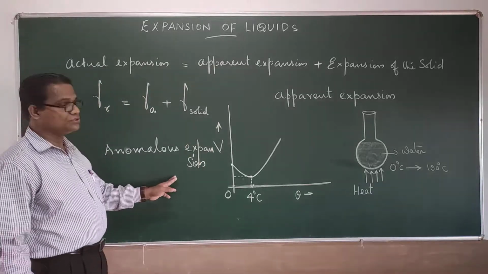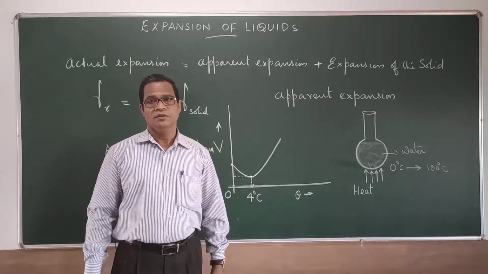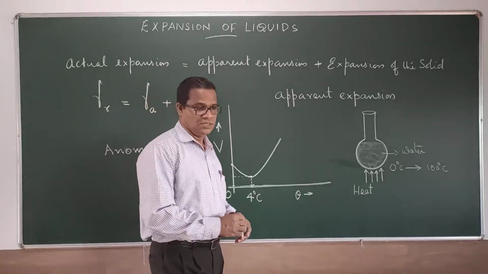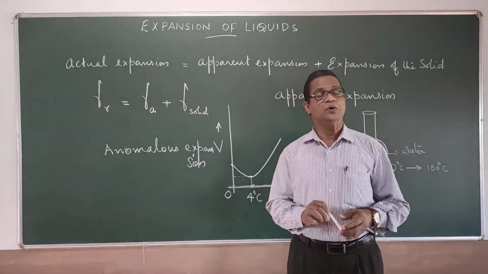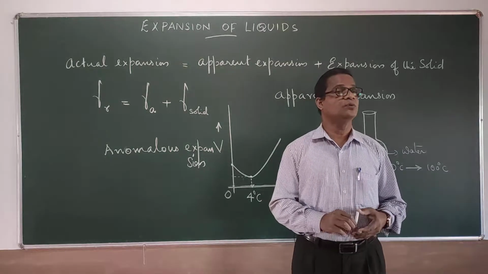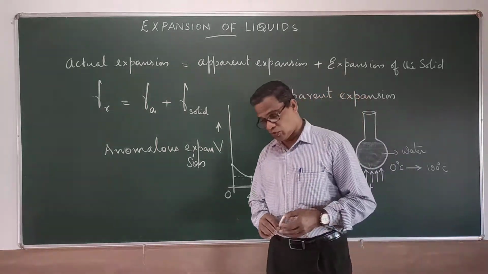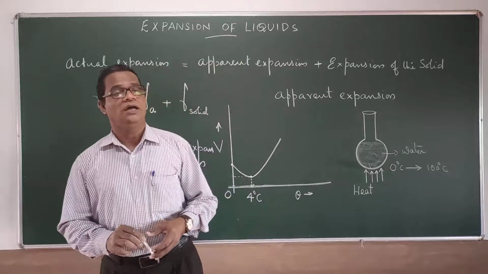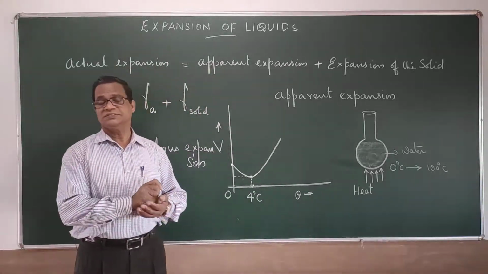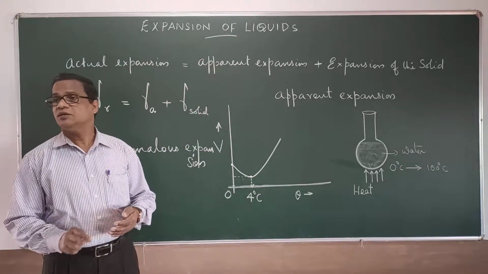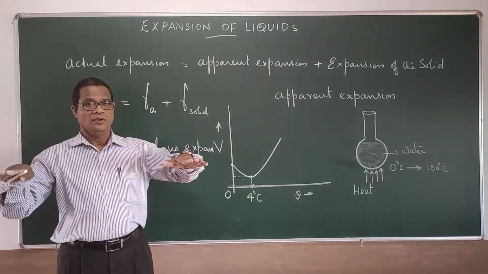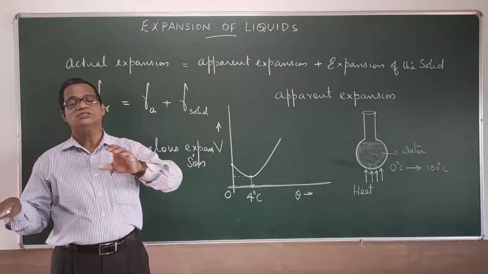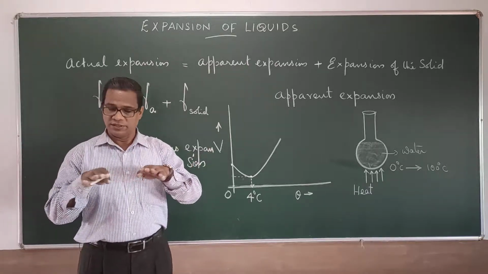Anomalous expansion of water. Now actually this is a boon for the flora and fauna which is found in the cold countries. And in these cold countries, in the winter season, the water will be frozen on top. The top layer of water is always frozen and solid.